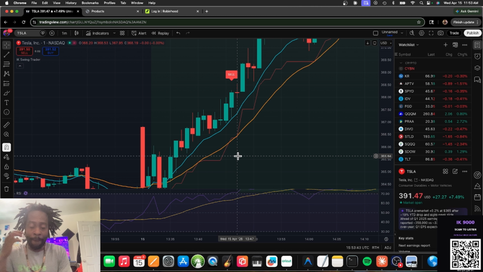What they did, they gave indicators something like this, something that gave you a region, like a cloud, and it was really cool. It lets you know if you are on this side of the cloud, it's green, you should buy, and on this side of the cloud you should sell.